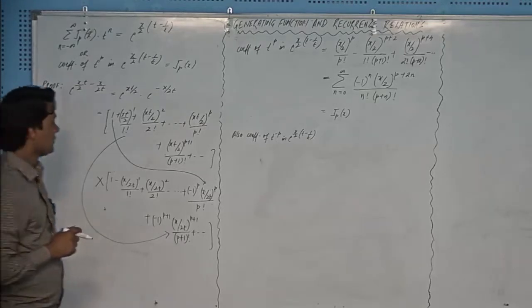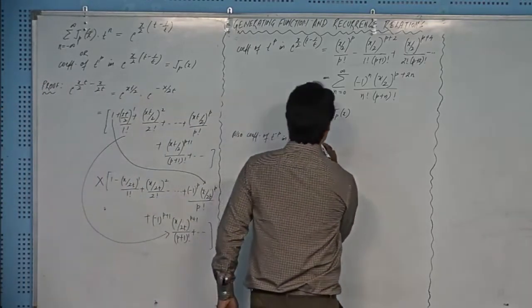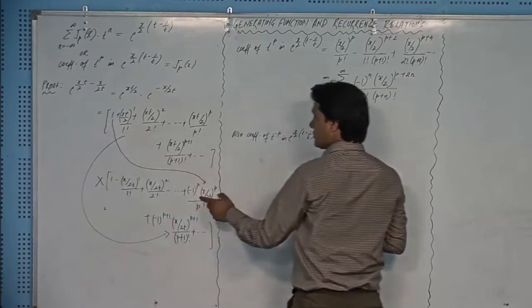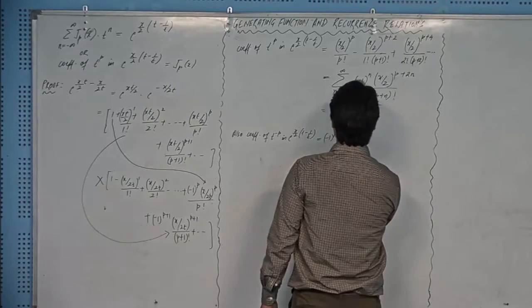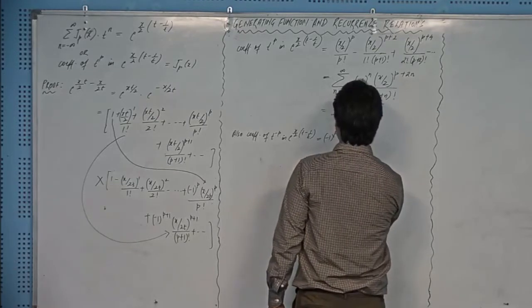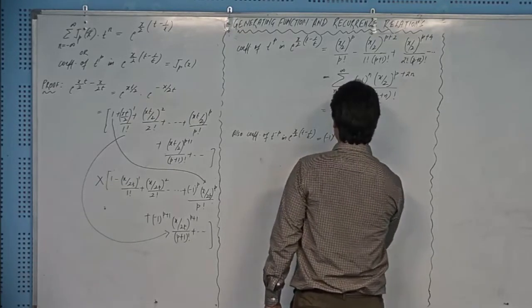So I will write the terms. First you have to multiply this with this, so the coefficient will be minus 1 to the power p and (x/2) to the power p divided by how much? p factorial, right?